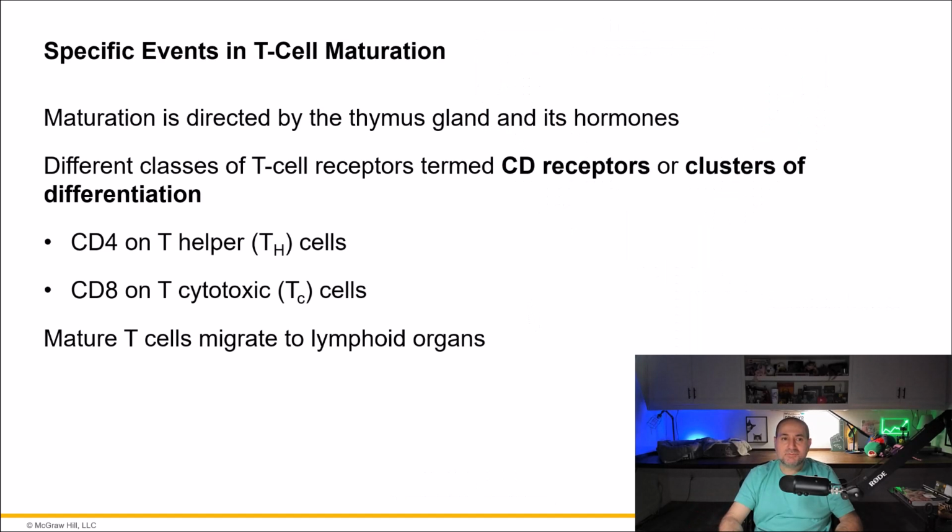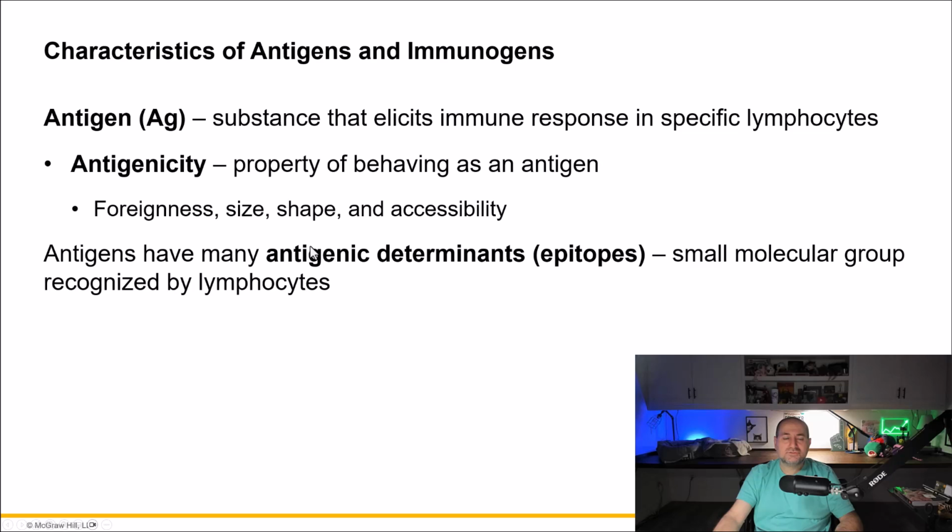And again, do you remember, it's the helper T cells that are CD4 positive, and it's the cytotoxic T cells that are CD8 positive. Do you also remember that epitopes are specific sites on an antigen to which antibodies or T cell receptors bind?